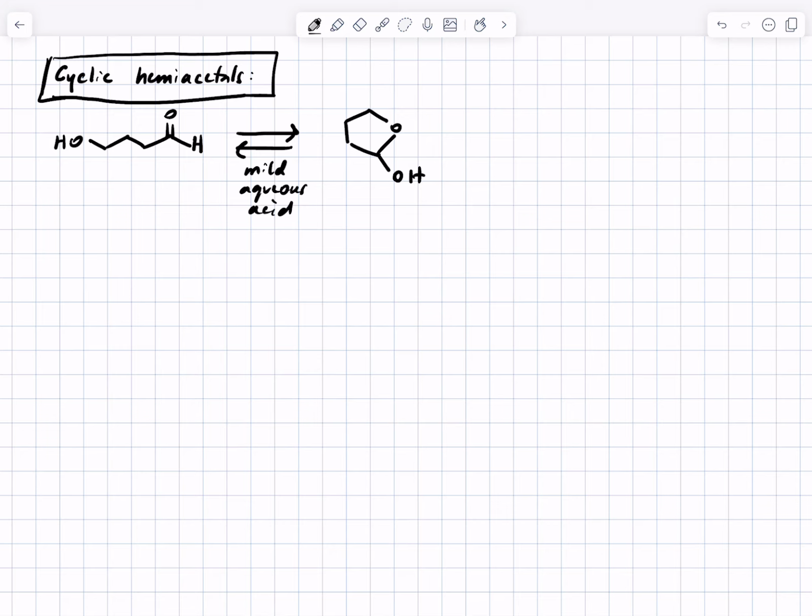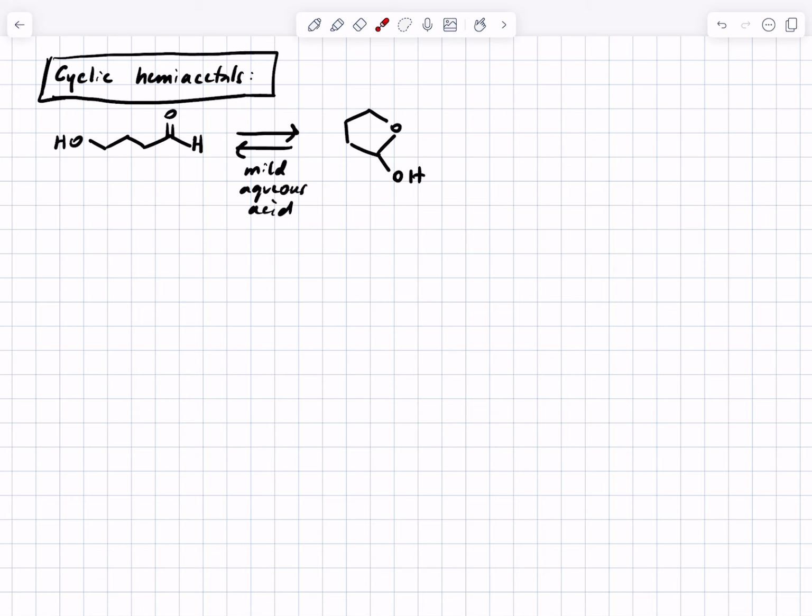Yep. Now, a couple of things are happening, I imagine, in your brain when you see something like this. Number one is, what the heck just happened? Number two is, that molecule on the right is totally unrelated to the one on the left. How did that even get there? And number three is, if I asked you, what is the key functional group in this molecule?